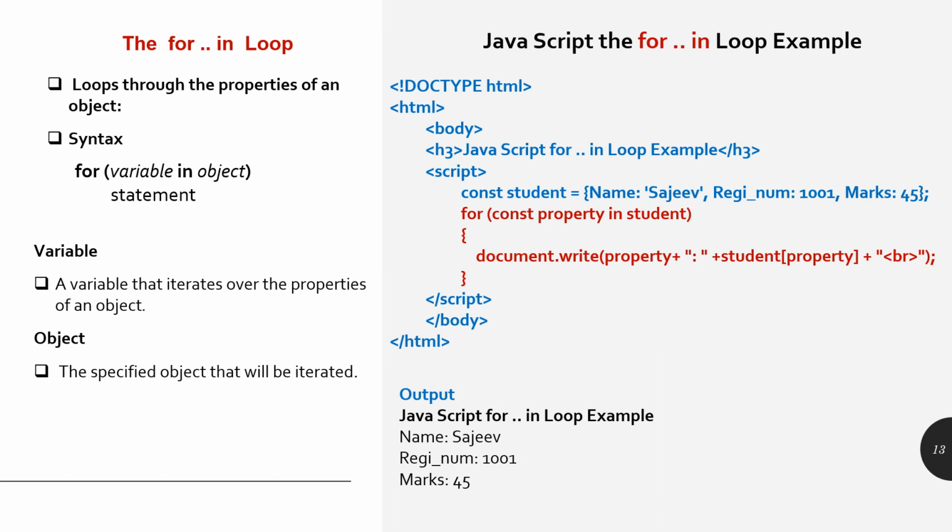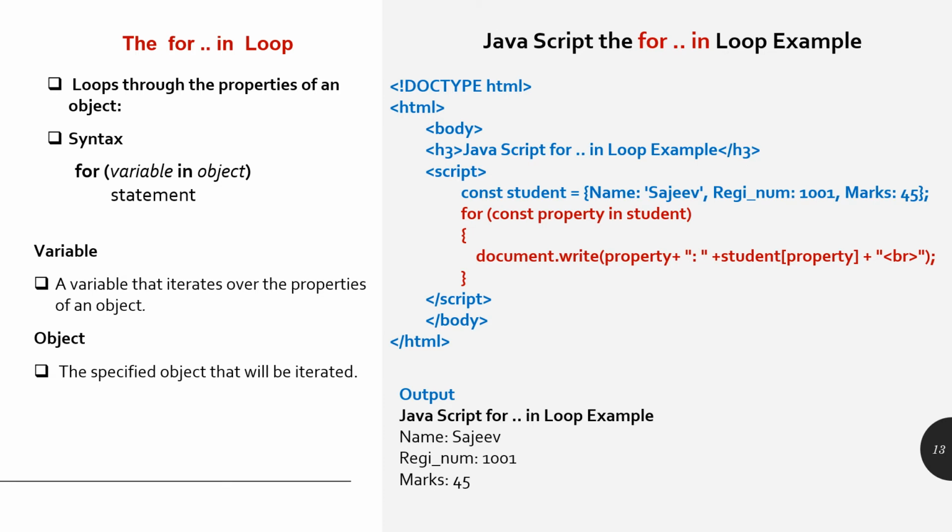Here the for-in loop says which object we need to iterate. First thing, name in student. So property in student, the property here is a variable only, a normal variable.